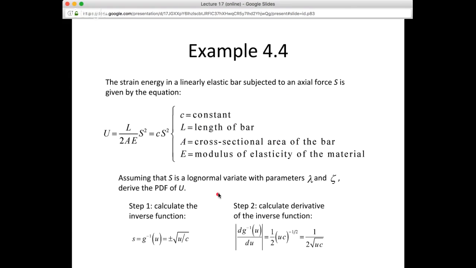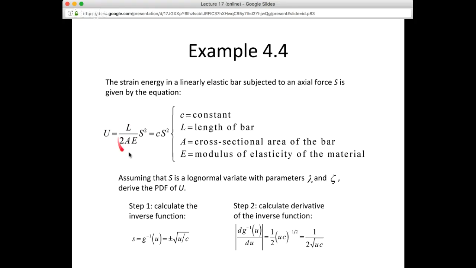The strain energy in a linearly elastic bar subjected to an axial force S, which is a random variable, is given by the equation U equals L over 2AE times S squared. So this is the strain energy, U, equal to the length of the bar divided by 2 times the cross-sectional area of the bar times the modulus of elasticity of the material. So these are basically just a set of constants times the axial force S squared.